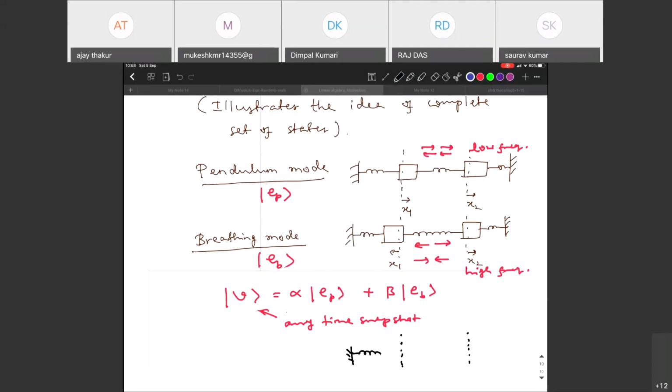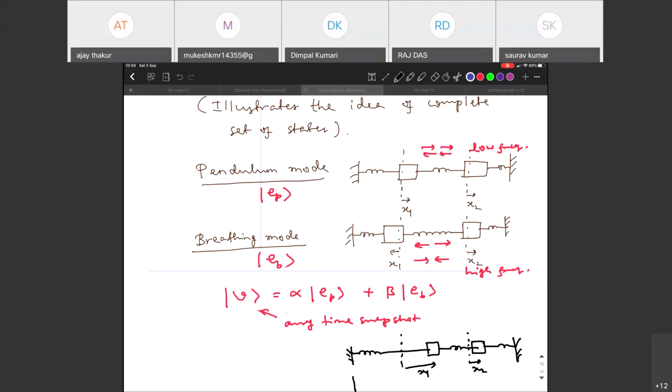So it's always possible that mass 1 is here and mass 2 is here. Right, so in this case, for example, your x2 would be this quantity and x1 would be this, right?